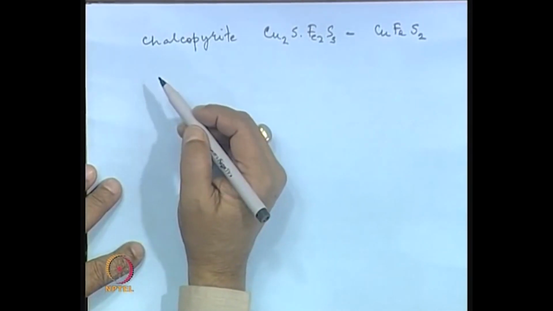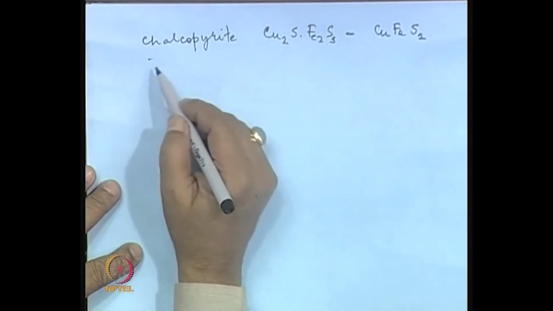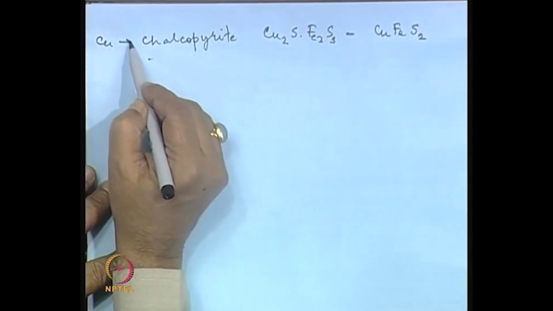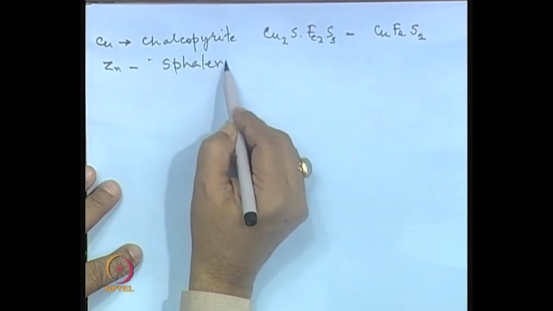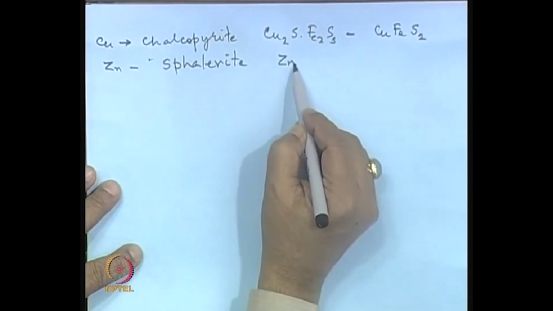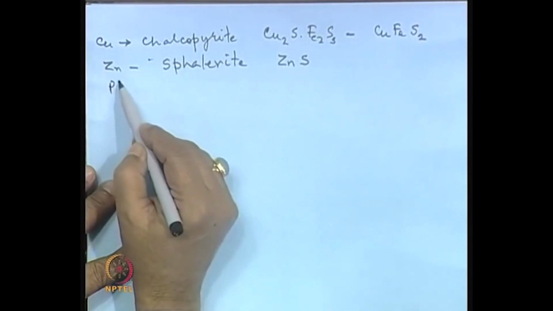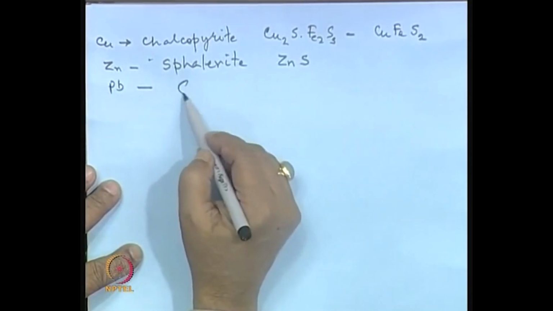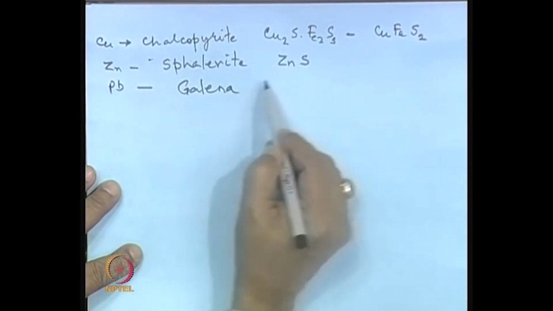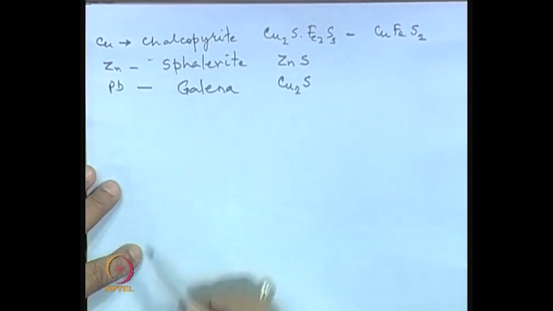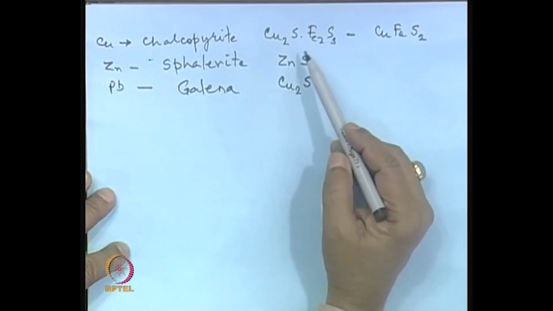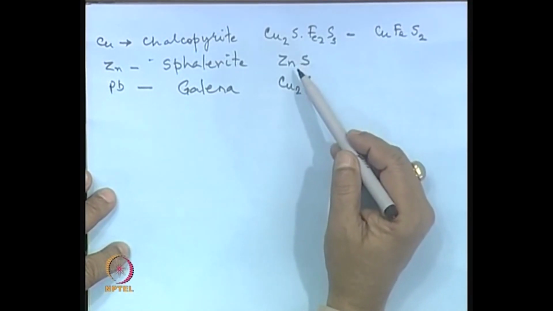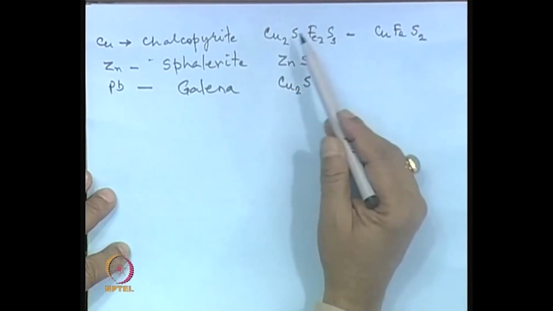When we come to the extraction of zinc, which I will take a little later, this is the ore of copper. For zinc, we have sphalerite. That is the main mineral, and for lead the main mineral is called galena. Now, it so happens that many deposits have more than two of these.